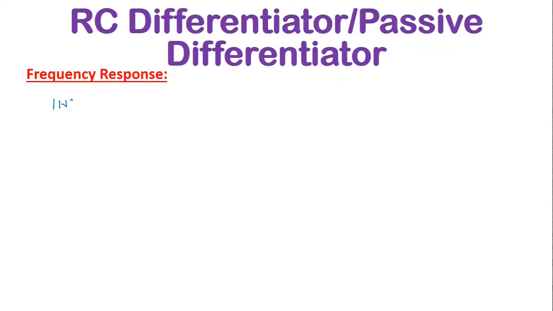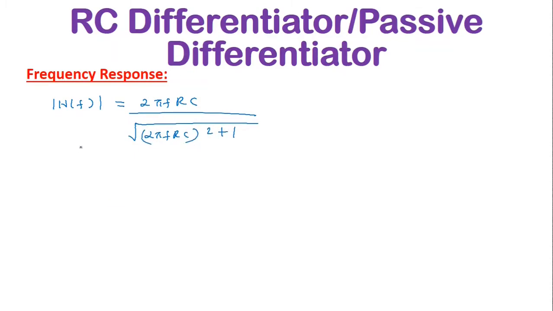Now we take the magnitude of this transfer function H(f), which is equal to 2 pi f RC whole divided by under root (2 pi f RC) whole square plus 1. So this is the magnitude of the transfer function, or the magnitude of the gain of the RC differentiator circuit.